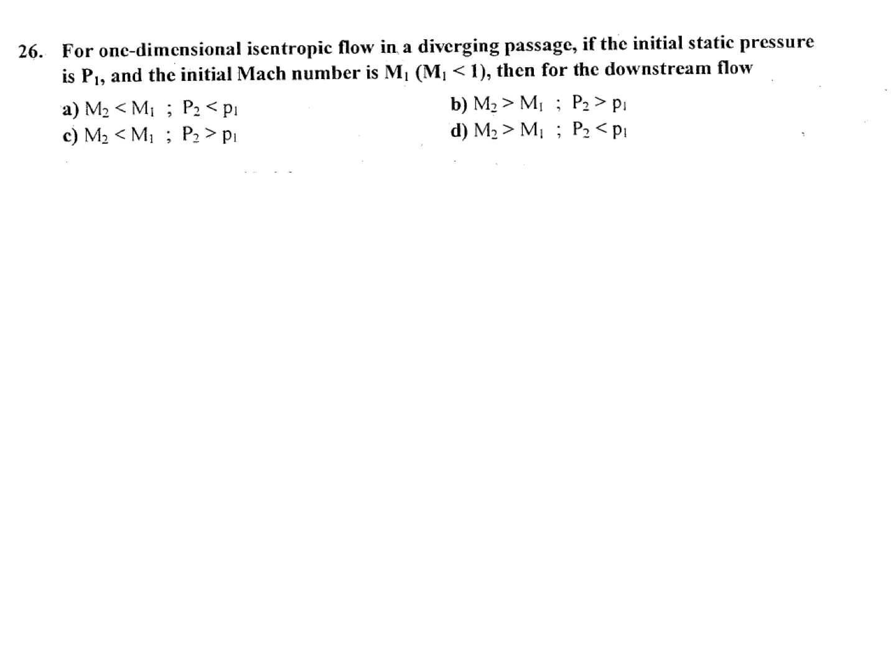So it's a diverging passage and the inlet is subsonic, less than 1. So it's divergent. It will act as a diffuser.